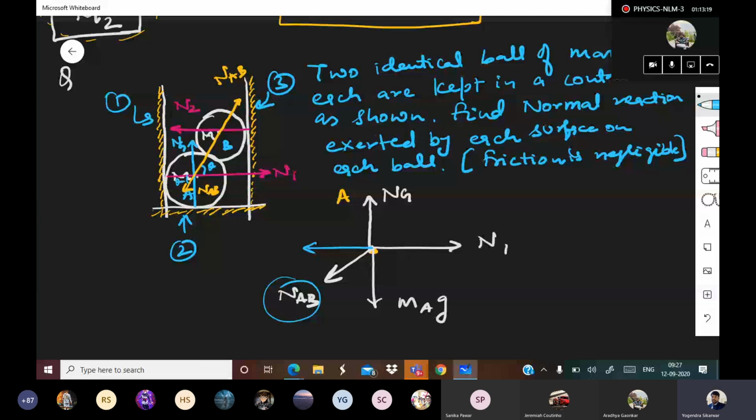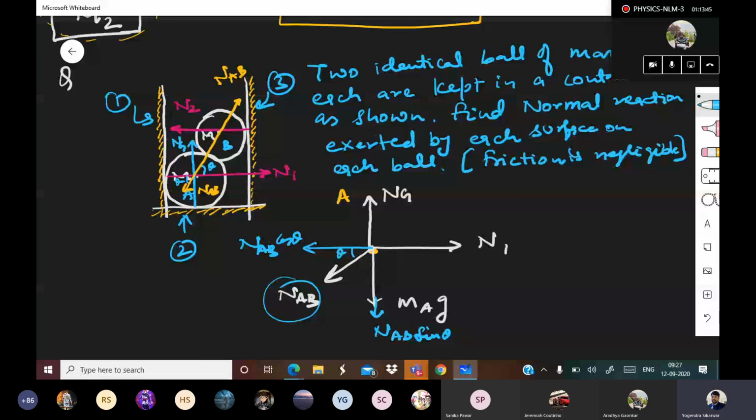So this will be NAB cos theta and this will be NAB sin theta, right? The moment we resolve NAB into two components, you can forget NAB and start working with NAB cos theta and NAB sin theta.